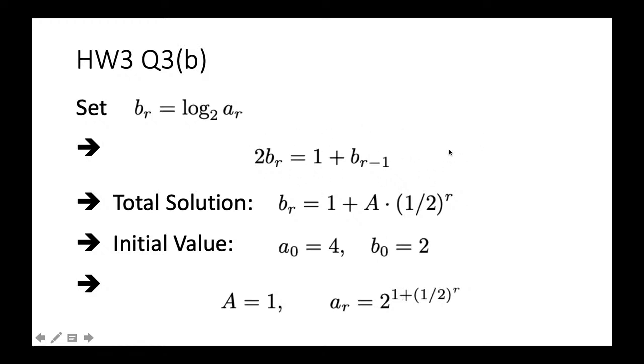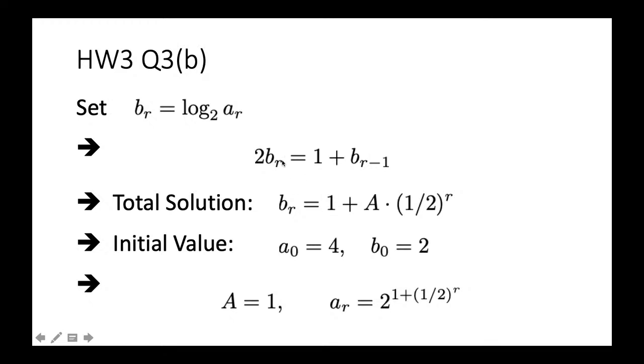For this linear recurrence, we can solve for the total solution. The total solution will be BR is equal to 1 plus A times 1 over 2 to the power R. Here, we should also find out what the particular solution is. We will see that 1 is a particular solution.